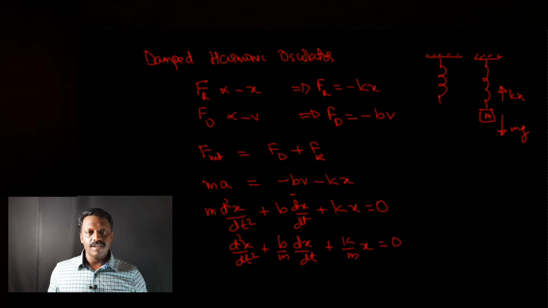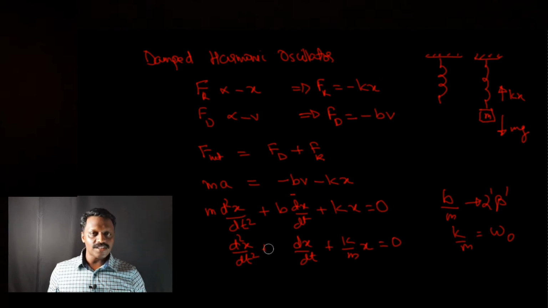b by m is written as 2 beta, where beta is the damping coefficient of the medium, and k by m is omega naught squared, where omega naught is the natural angular frequency of the system. So replacing, we have d squared x by dt squared plus 2 beta dx by dt plus omega naught squared x is equal to 0.